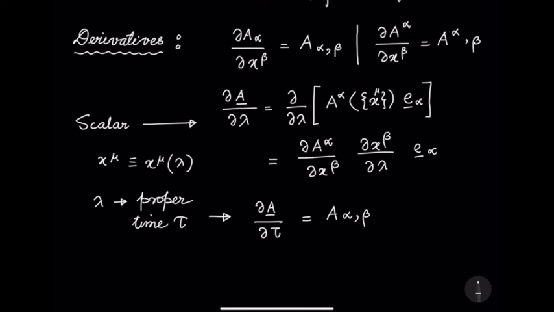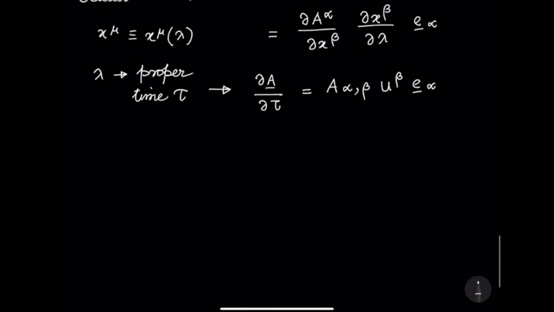Del x beta del tau by definition is the velocity vector, and then E alpha. So that too is the derivative of a vector with respect to a scalar that you have learned.